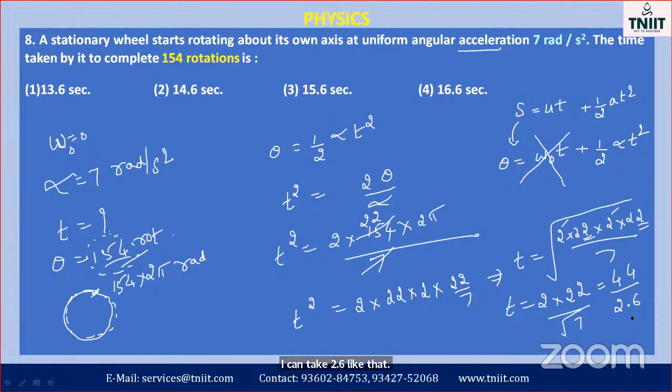So if you go with 44 divided by 2.6 approximately, we are going to get around close to 17. So close to 17 means you can take option 4, 16.6.